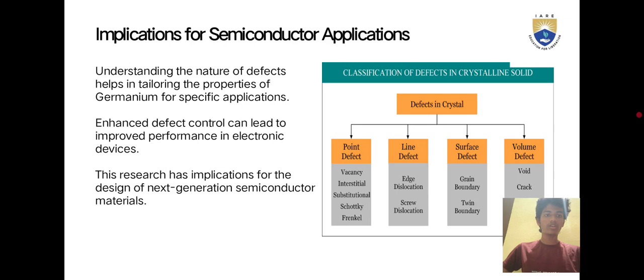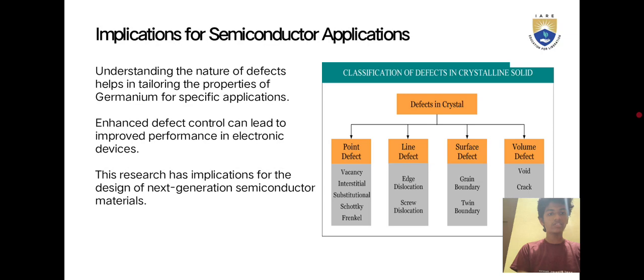There are four types of defects in crystalline solids: point defect, line defect, surface defect, and the fourth, volume defect. In point defects we can see vacancy, interstitial, substitution, and Frenkel defects.